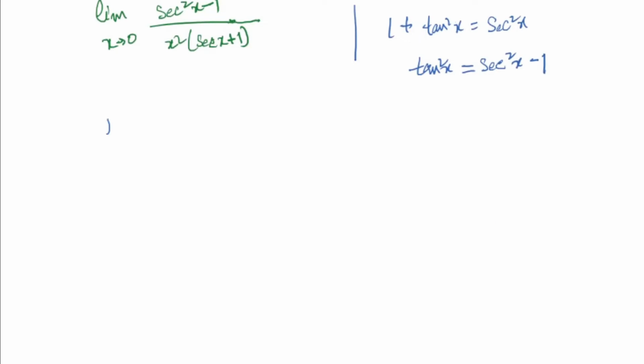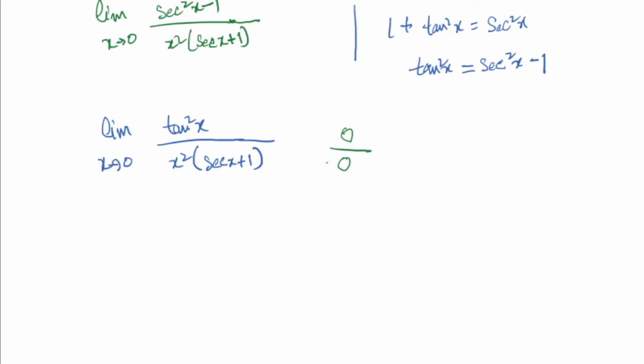So the limit x tends to 0 of tan square x, with x square times (sec x plus 1) in the denominator. If we again put x equal to 0, tan 0 is 0, and again we get 0 by 0 form.